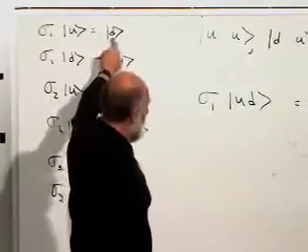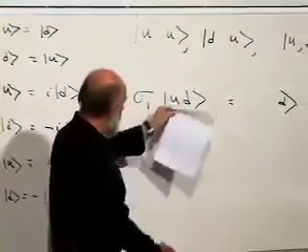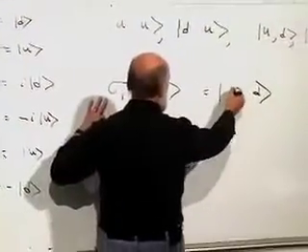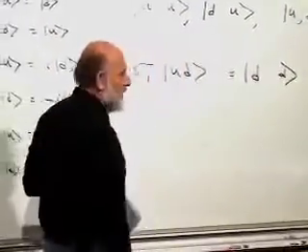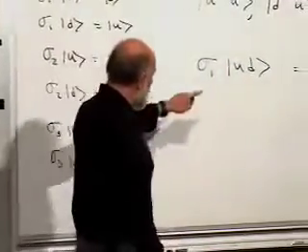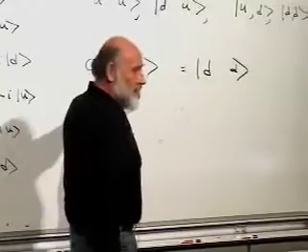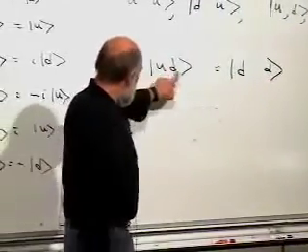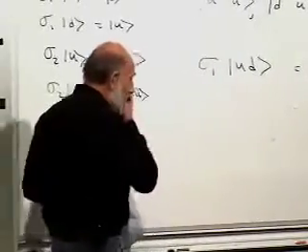It flipped it down. So, turning a blind eye to the second electron, sigma 1 makes the first electron down. The second electron is completely passive. Sigma 1 does that.